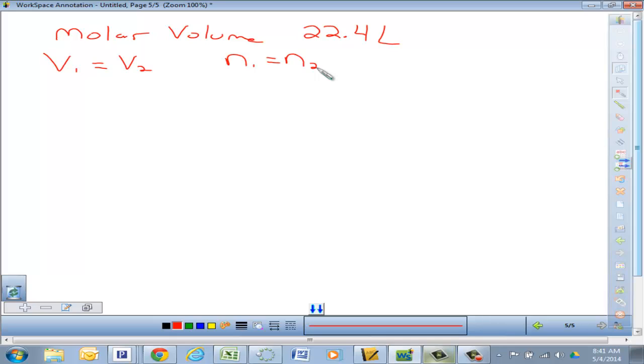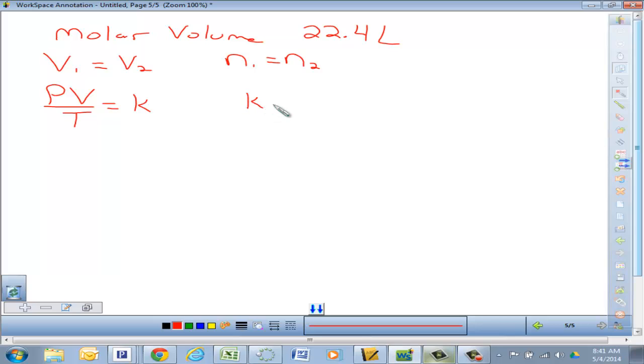Talking about molar volume, that 22.4, we can now start looking at what we've talked about. We said that if we took pressure multiplied by volume and divided by the temperature, we came up with some constant K. That's the combined gas law that we just got done talking about.